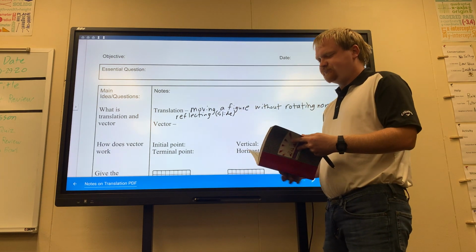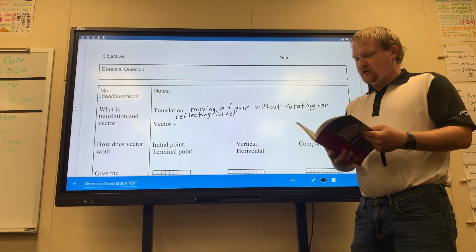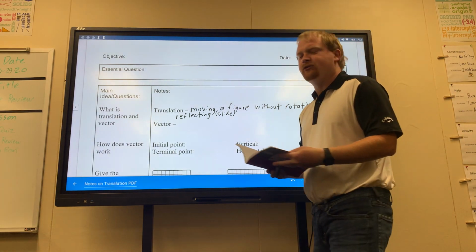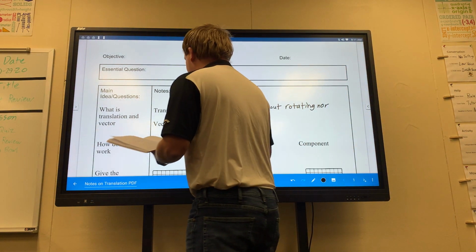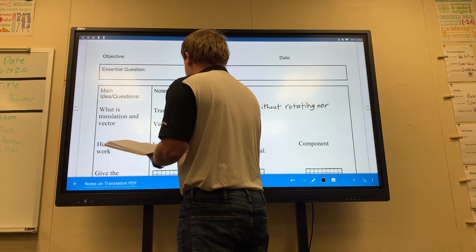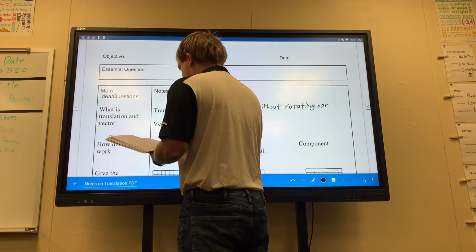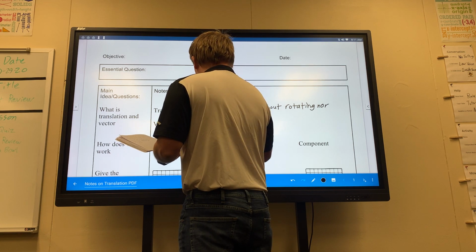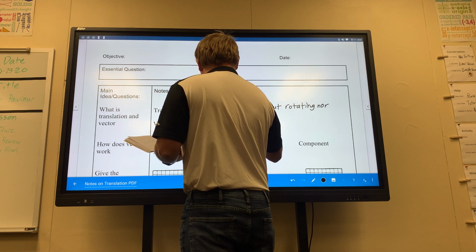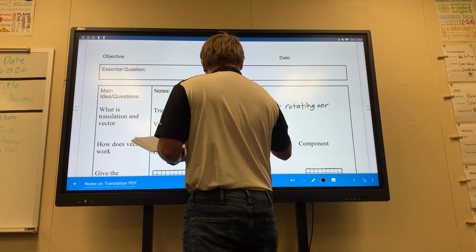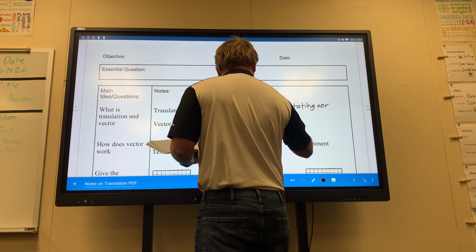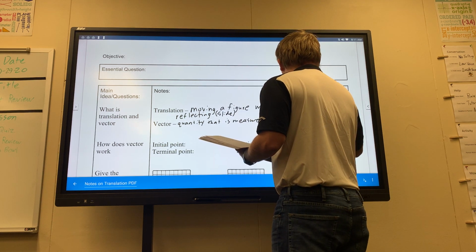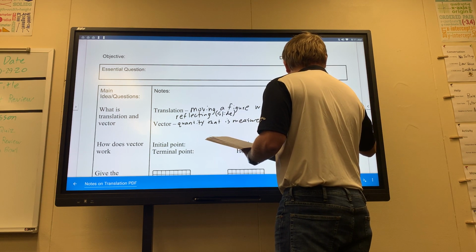That's a translation. Now, another key term that you may hear every once in a while is called a vector. A vector is a quantity that is measured in both direction and magnitude.